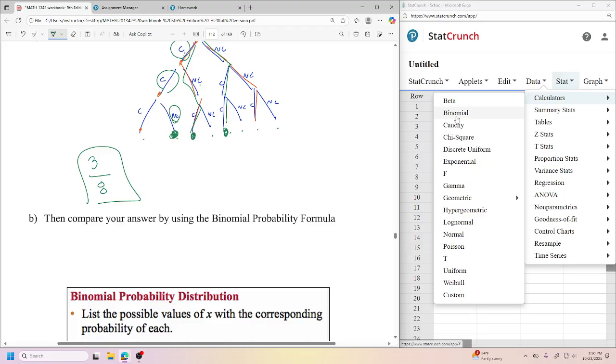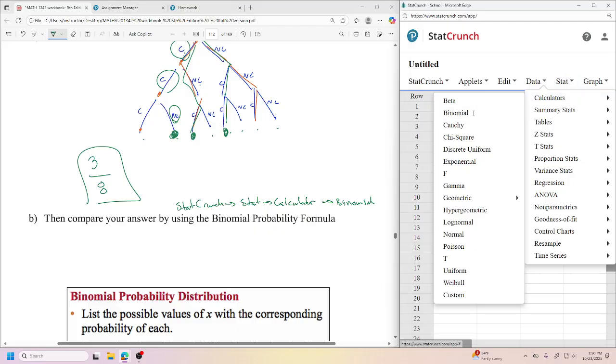I'm going to write that down, okay? Stat, calculator, binomial. I'm going to click on it. Are y'all okay with me clicking on that right there?